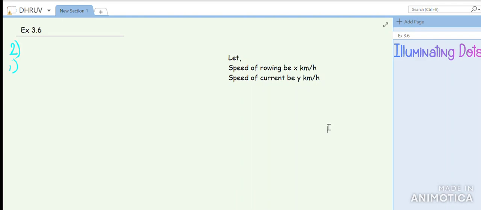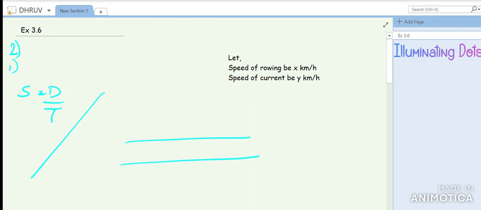Now we know that speed is equal to distance upon time. What is the meaning of upstream and downstream? If this is a river flowing in this direction, this direction is called the downstream and this direction is called the upstream.